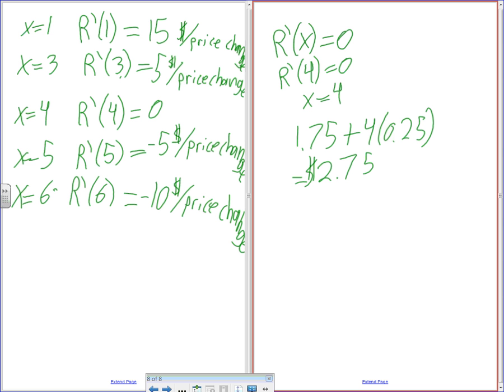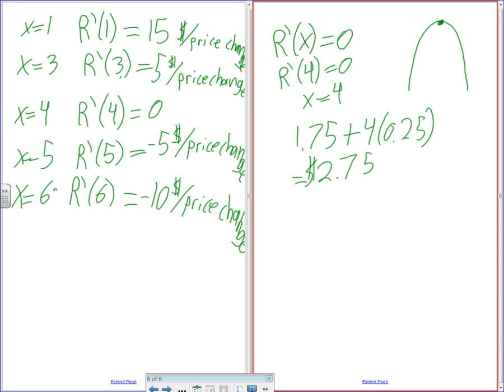that will maximize the revenue. Right? So if this is the revenue, and this is the price changes, and that's the money you make. Right there, that's at $2.75, which is the fourth change per day.